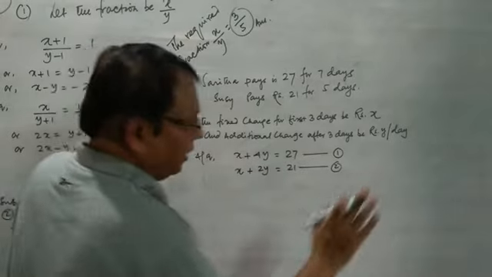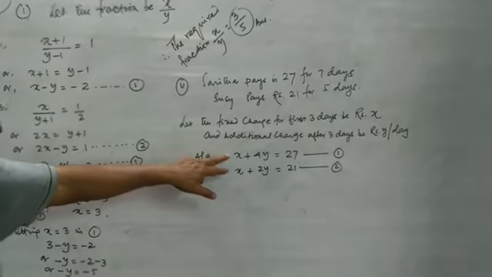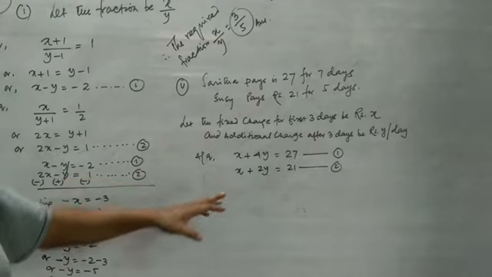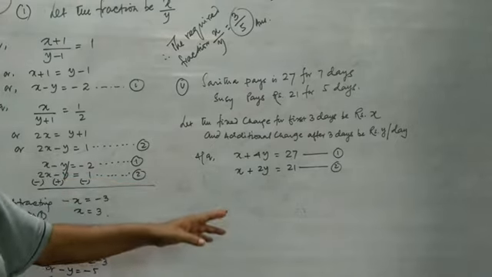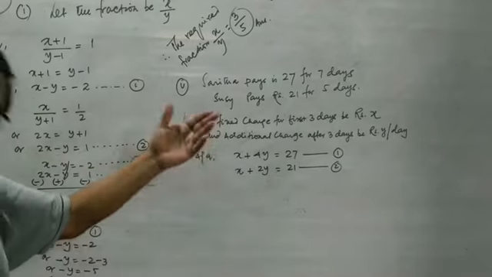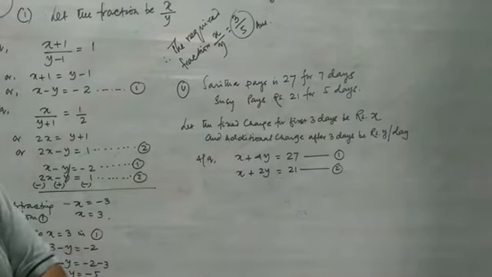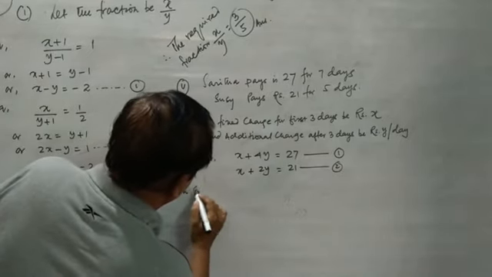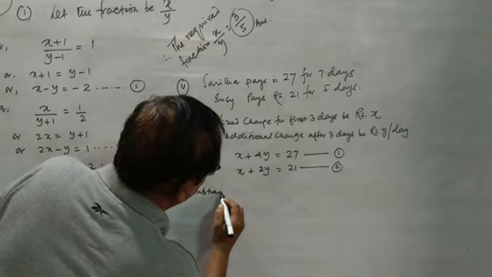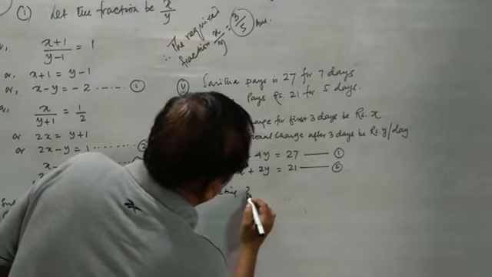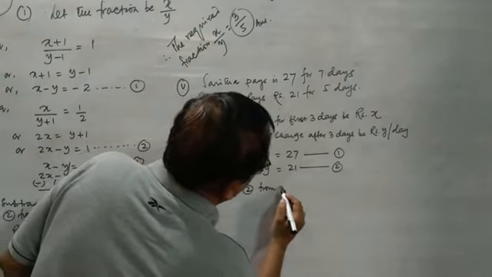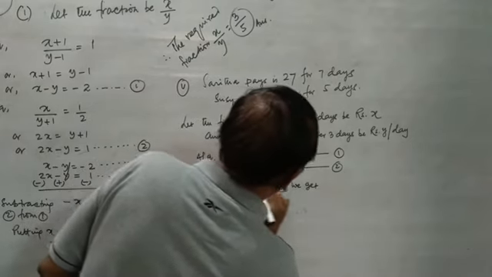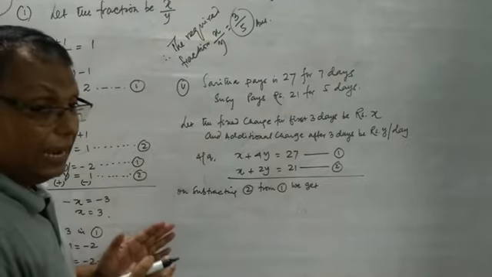So see, these are the 2 equations. Coefficient of X in the first equation is 1. Coefficient of Y in the first equation is also 1. So they are equal, numerically also equal. Sign is also equal. If they are of equal sign, we will subtract. On subtracting 2 from 1, we get... So when we subtract, what we do?